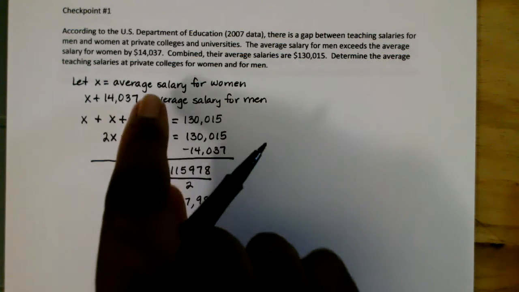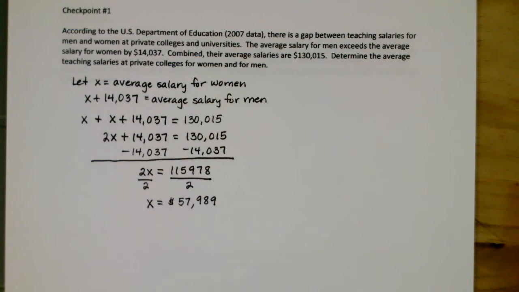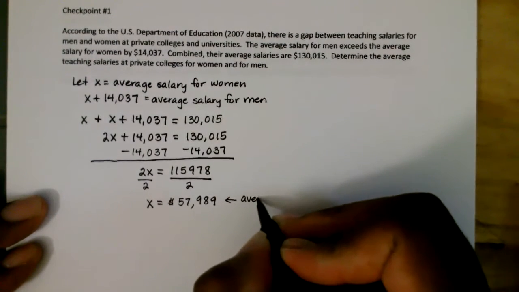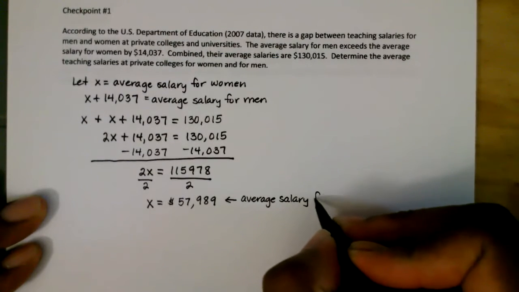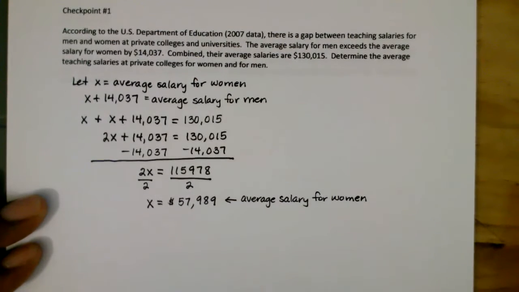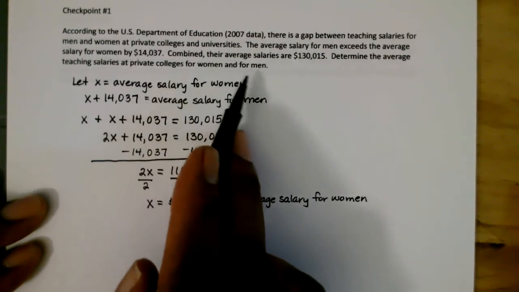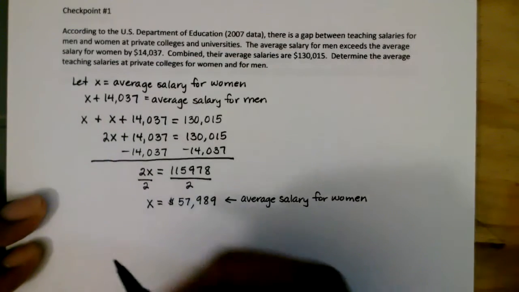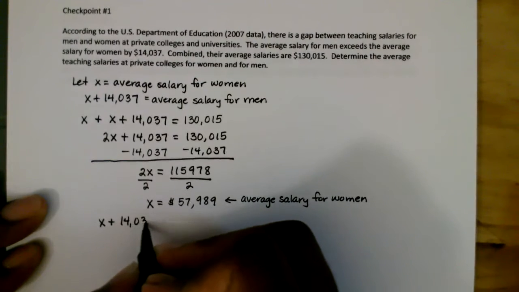Now keep in mind, we let x be the average salary for women. So here, x equal to $57,989 represents the average salary for women. And now for the average salary for men, because we're looking for the average salaries for women and for men, the average salary for men is x plus $14,037.